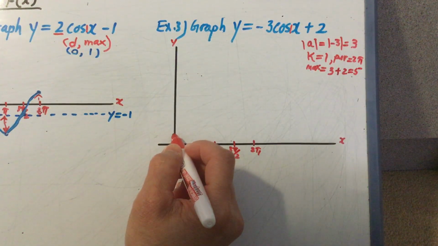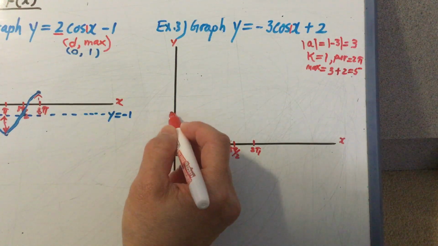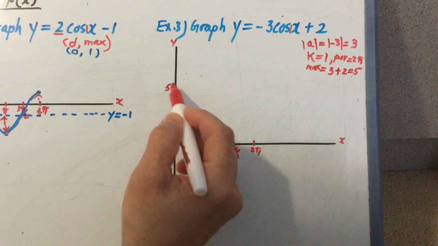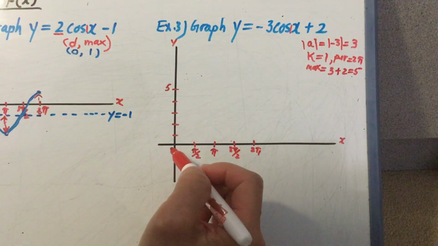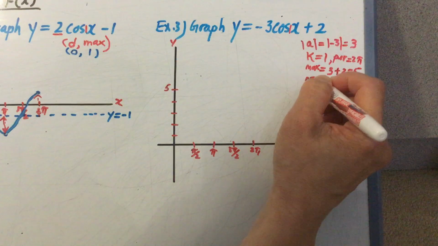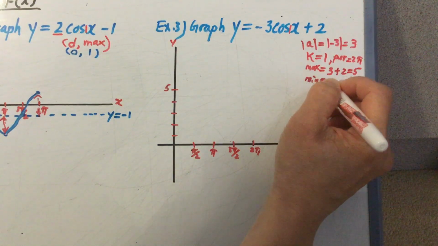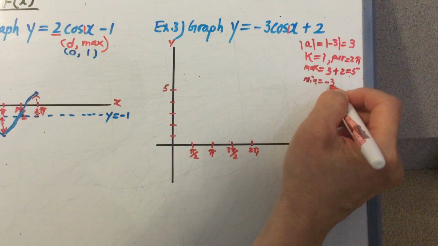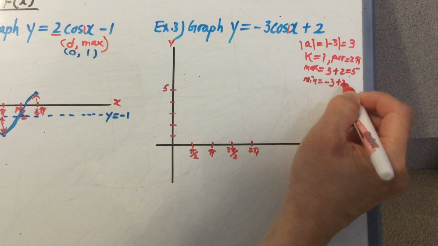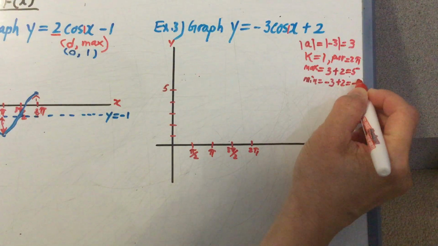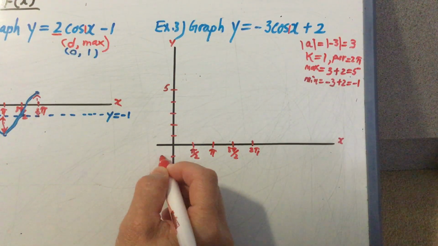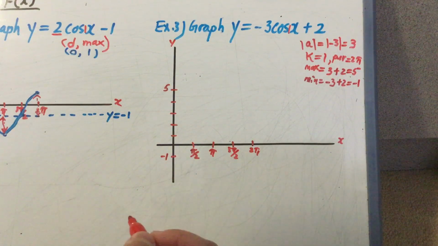So up here, you can pretty much do 1, 2, 3, 4, 5. So you can mark the scales along the y-axis. And the minimum is the negative of the amplitude, which is 3, plus the 2, so I get a negative 1. So I know that down here, I will have the minimum of negative 1, okay?